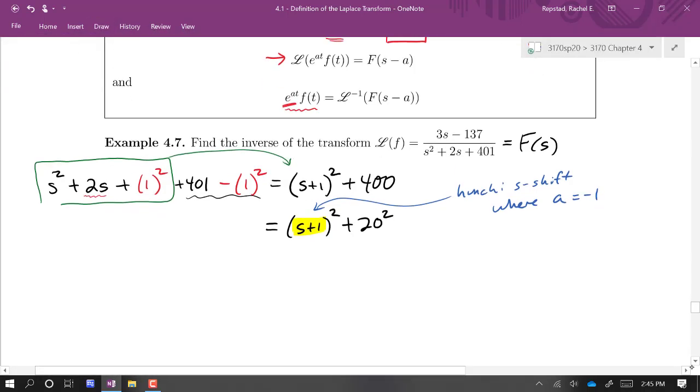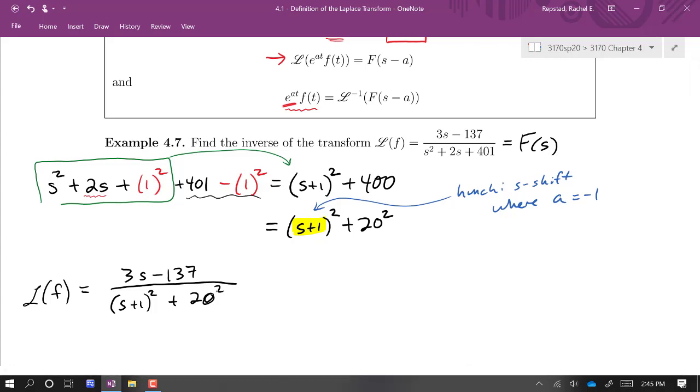We're going to rewrite this function. We still have a bit of work to do. The Laplace transform of f that they give us is 3s minus 137 over s plus 1 squared plus 20 squared. Now, if that were just an s plus 1 up top or a 20 up top, we could go to that table and find the inverse transform.